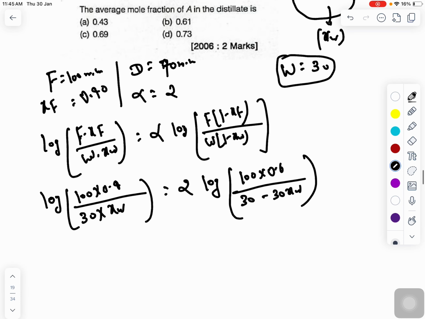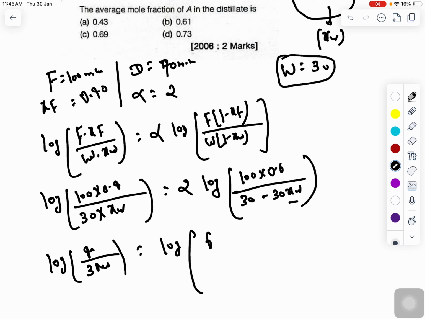So directly we can calculate from here, and this one you can write as log of 4 divided by 3 XW is equal to log of 60 divided by 30.